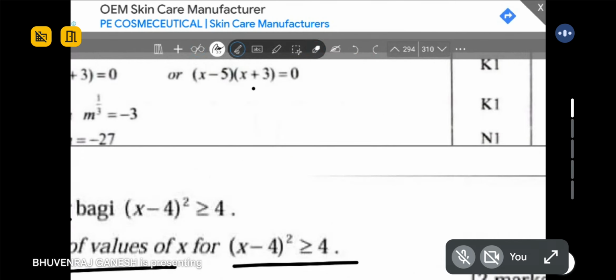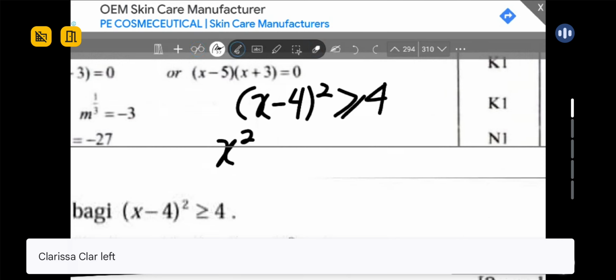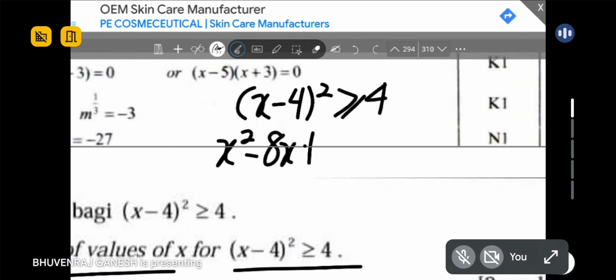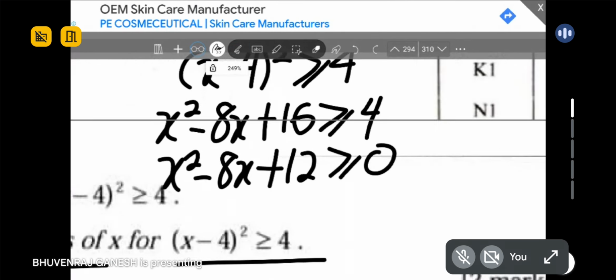Okay, let me show you the step. Okay, so you have x minus 4 square greater than or equal to 4. Okay, so expand, kembangkan, you will get like this, greater than equal to 4. X square minus 8x plus 12 greater than or equal to 0. So guys, can you factorize this equation?